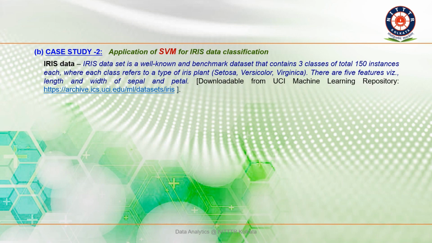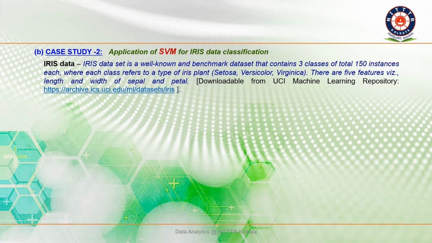The iris data set is a very well known benchmark data set that contains 3 classes of 50 instances each, where each class refers to a type of iris plant. There are 3 types of iris plants: setosa, versicolor and virginica, and there are features on the basis of which the data have been collected. This data has been downloaded from the UCI machine learning repository.